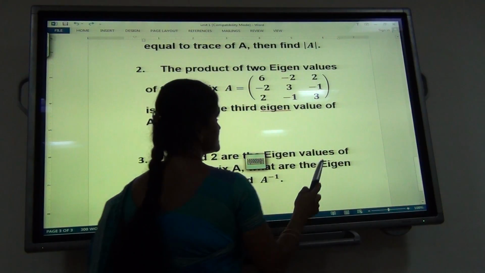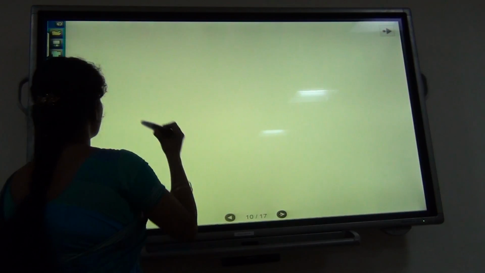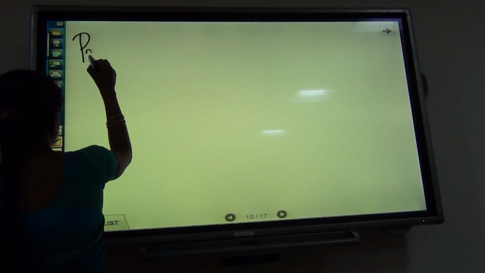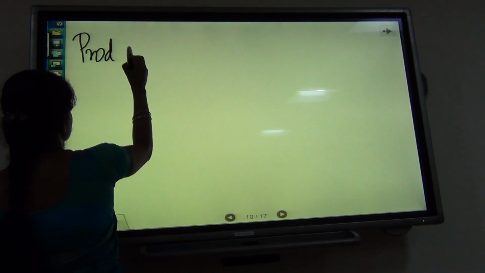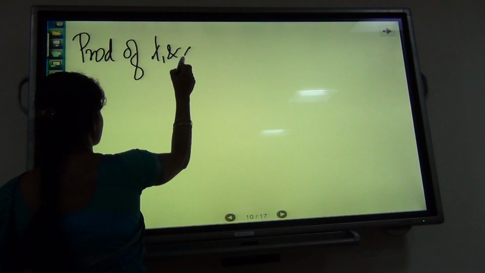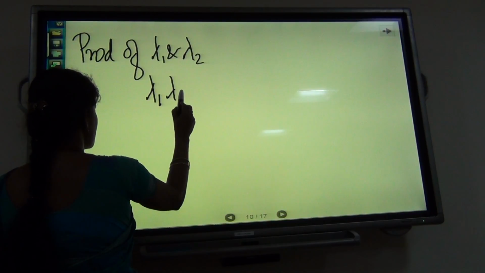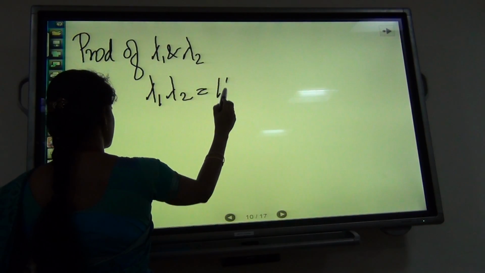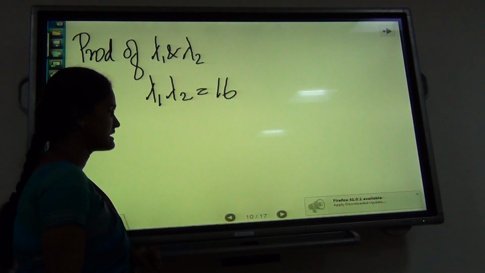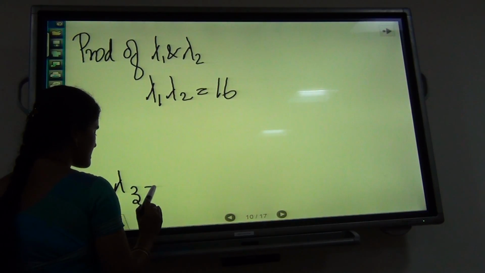So let us work this. Product of two eigenvalues, lambda 1 into lambda 2, is 16. Knowing this, we have to get the third eigenvalue.